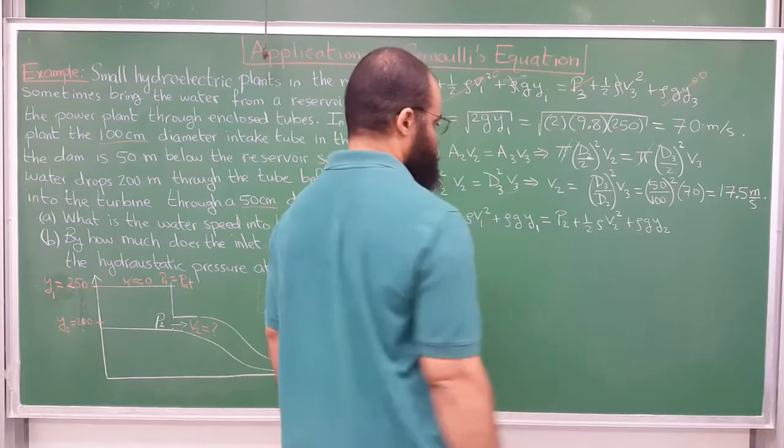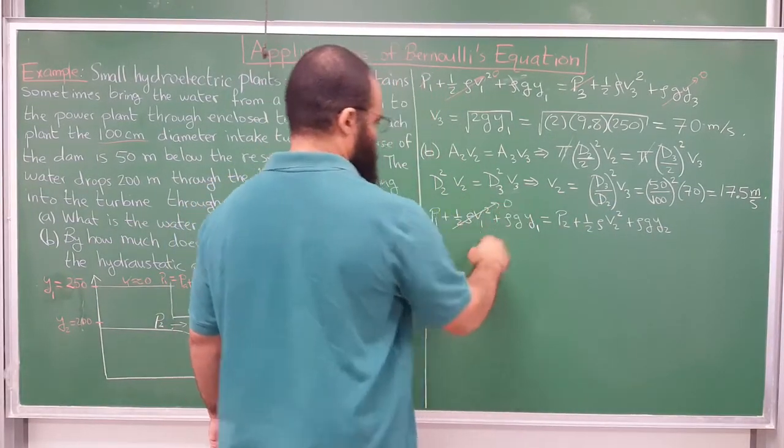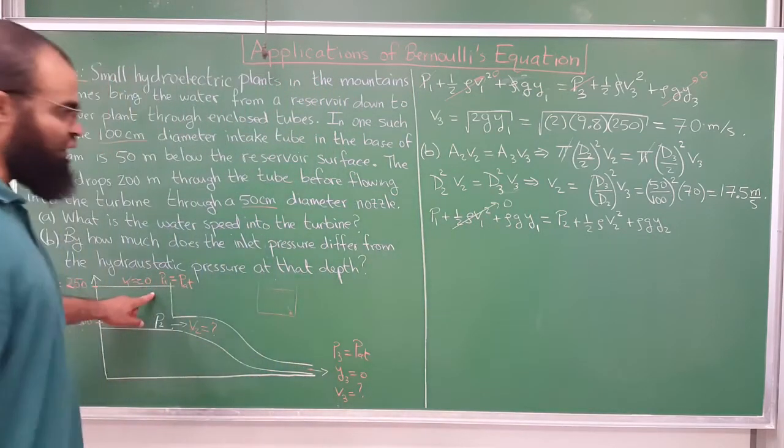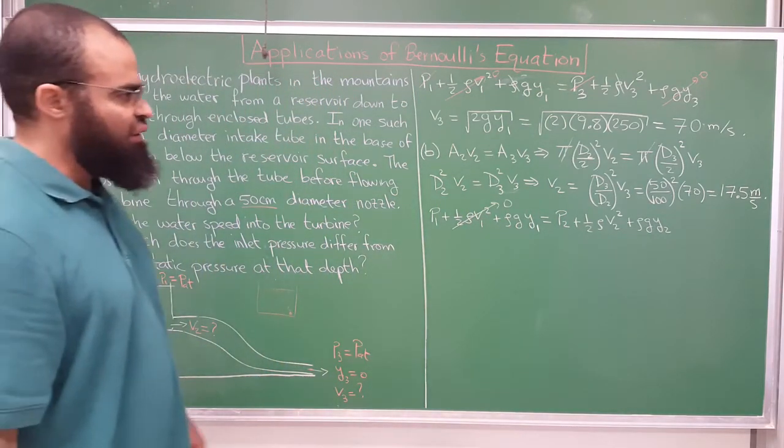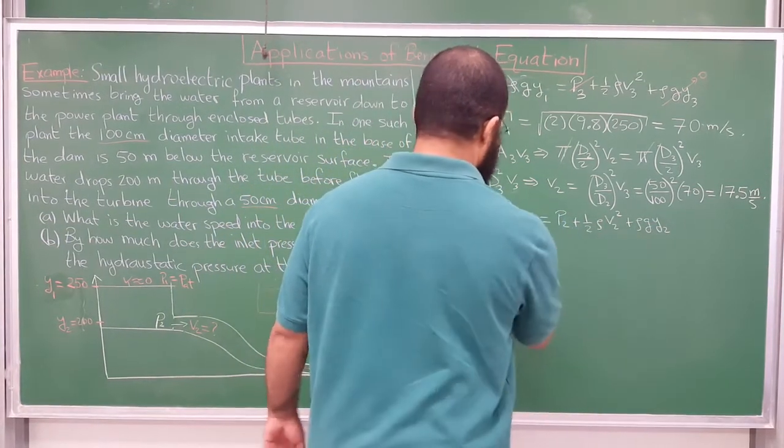I want P2. And again, V1 is basically 0. The fluid is basically not moving at all here. It drops, but very slowly. And we have this, so let's move everything to the other side.